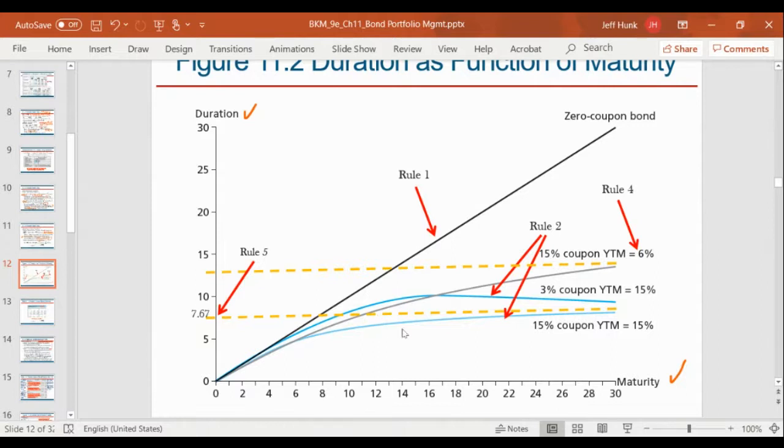And this doesn't necessarily have to be a perpetuity because the slope is still upward. If it is perfectly a perpetuity, the slope would be completely flat. But anyway, I just wanted to use that as an example of rule number 5 and rule number 2.